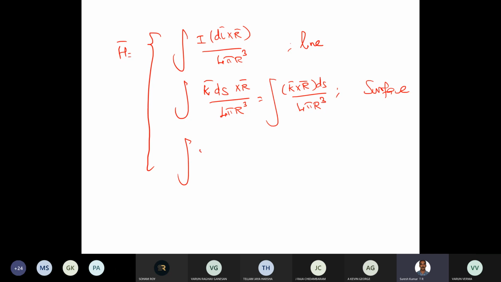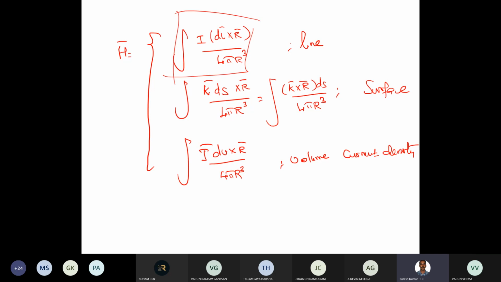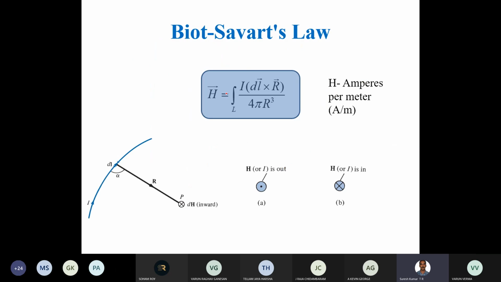In the same way for the volume current, J dV cross R vector over 4 pi r cube. This is for the volume current density. So you need to recall only this equation. This is more than sufficient for the entire problem solving based on the Biot-Savart's law.